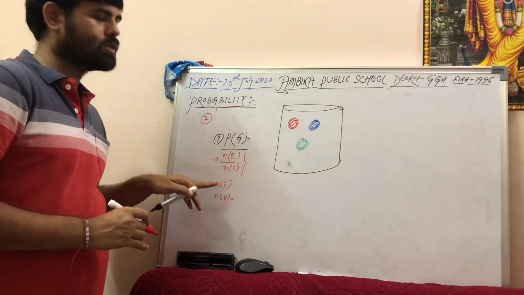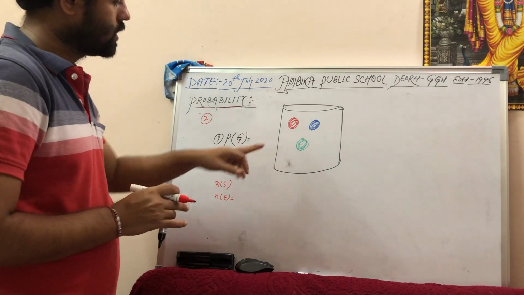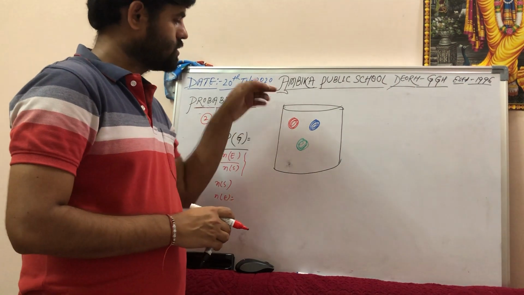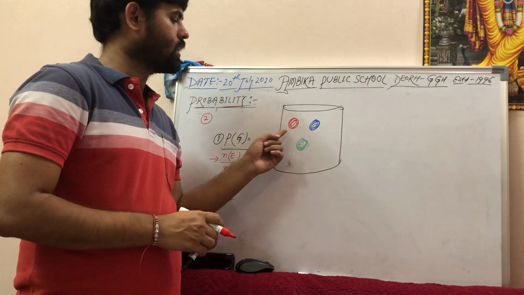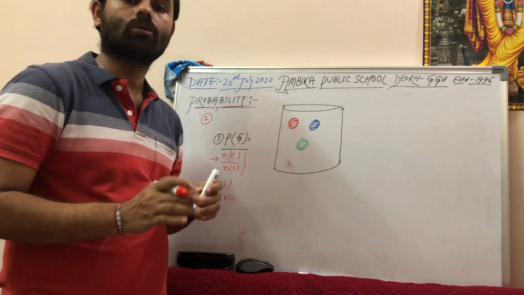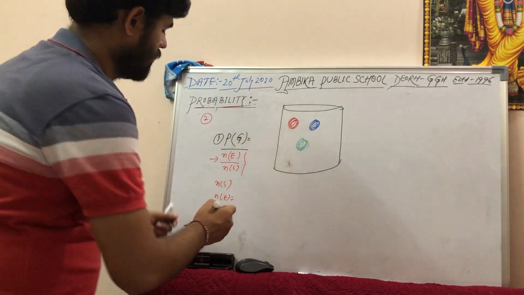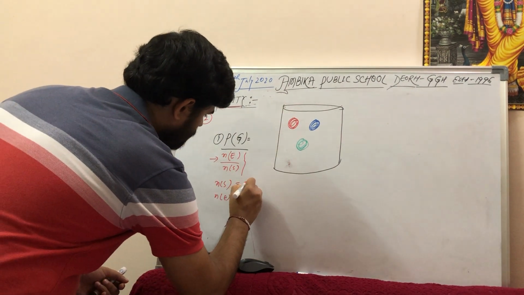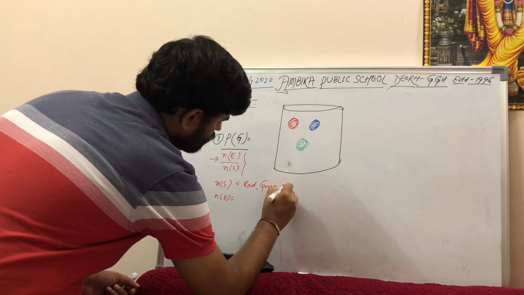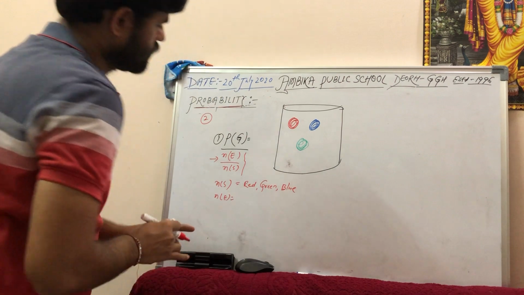Number of sample space means total outcomes. Let us say she has put in the hand. She might get red, she might get blue, or she might get green. So total outcomes possible will be either red, either green, or either blue. This is what is possible, right?